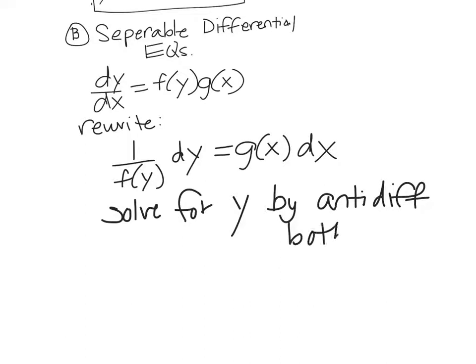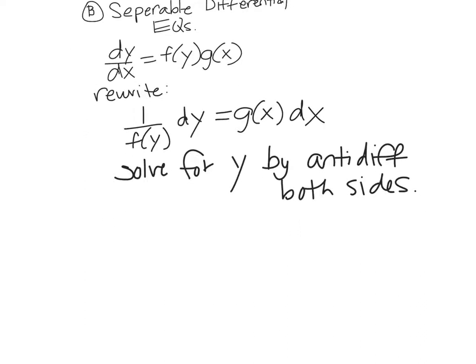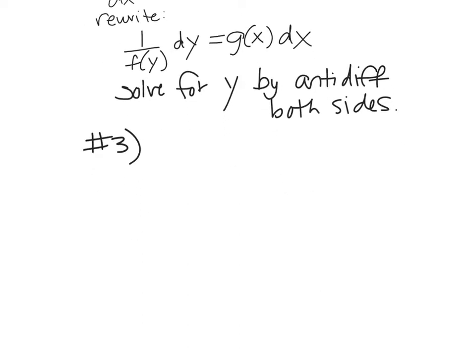Both sides. Okay? Sometimes it's hard to write down some rules and then you don't have a real example, but once you see an example, it might not be so bad. They get kind of complicated, though. Okay, so here we go. Number 3. I skipped 3. We're still trying to solve for y, okay?